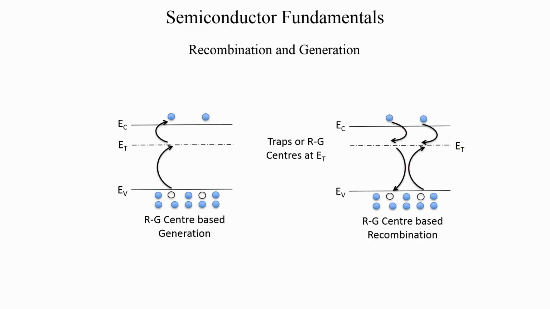The next mechanism is called RG center based generation and recombination. This mechanism is quite important from the point of view of this topic, and we will look at it in a bit of detail. What this essentially states is that you have certain trap states located inside your band gap.